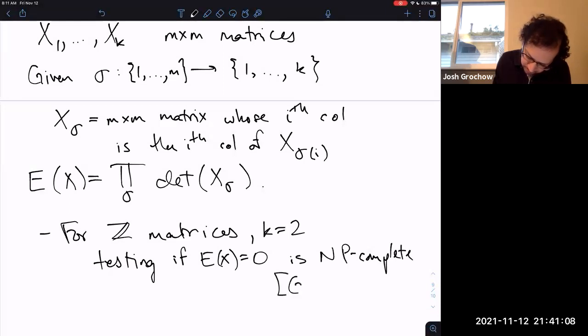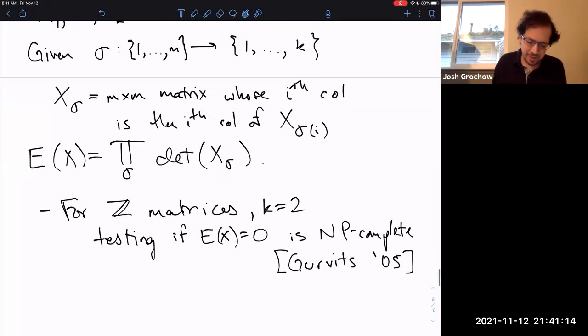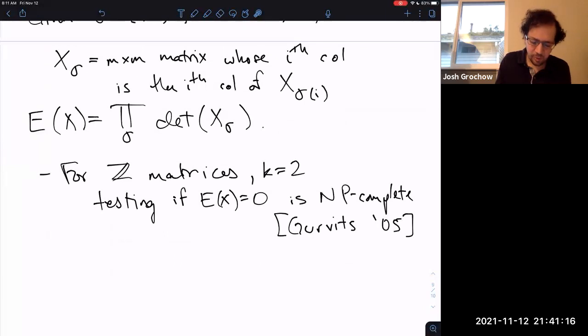So this is a result of Gurvitz 05. Contrast this with the permanent. For the permanent of integer matrices, testing if it's 0 seems to be much harder than that.